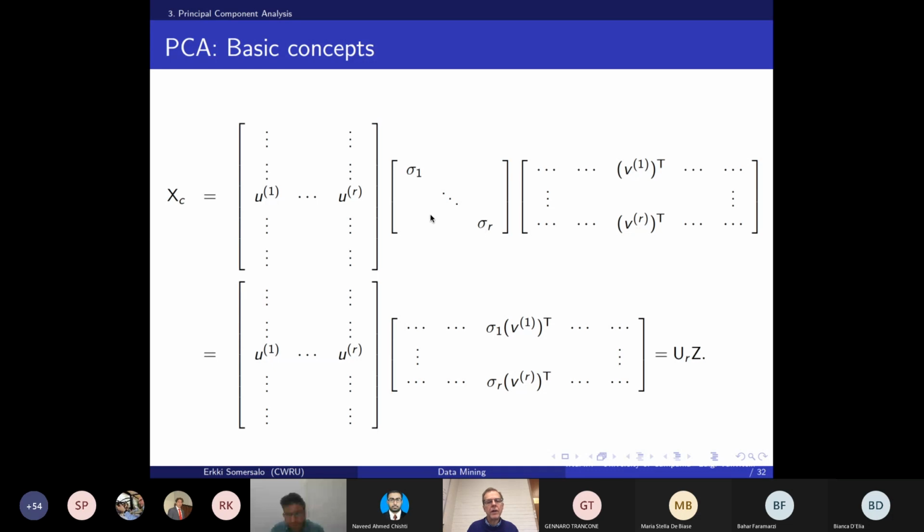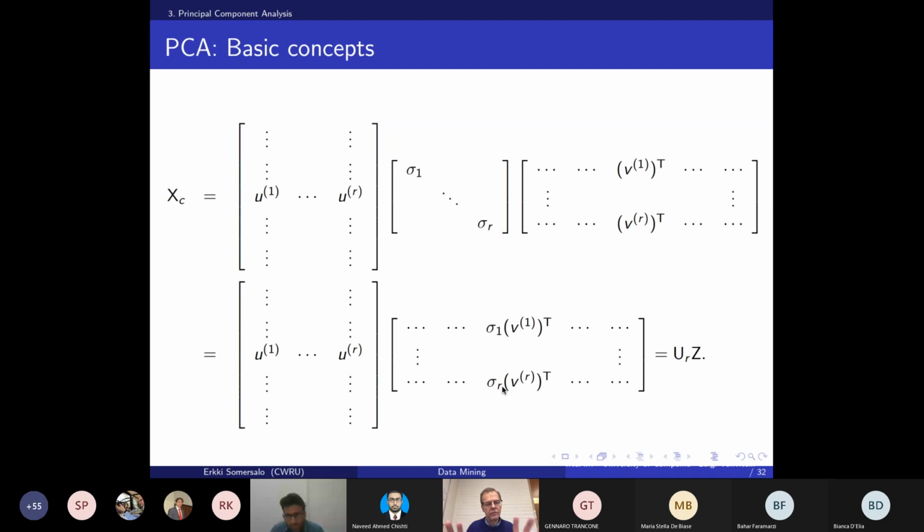And so then I'm multiplying this diagonal matrix and the V matrix, and I get a matrix which is of size R by P. Remember, my data contains P columns, and so this product has to contain P columns too. So here I have an R by P matrix, and this is the matrix that contains the principal components.